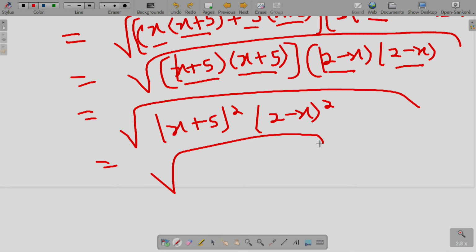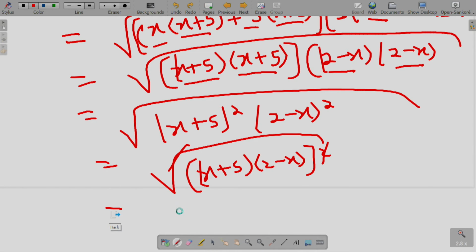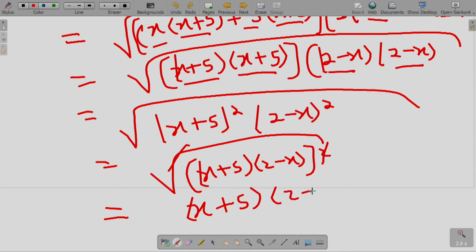So this is equal to the square root of x plus 5, 2 minus x, whole squared. So the square root and the square cancel out, and the answer is x plus 5 times 2 minus x.